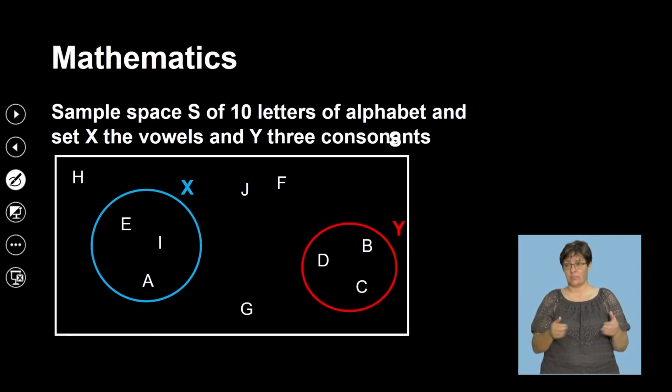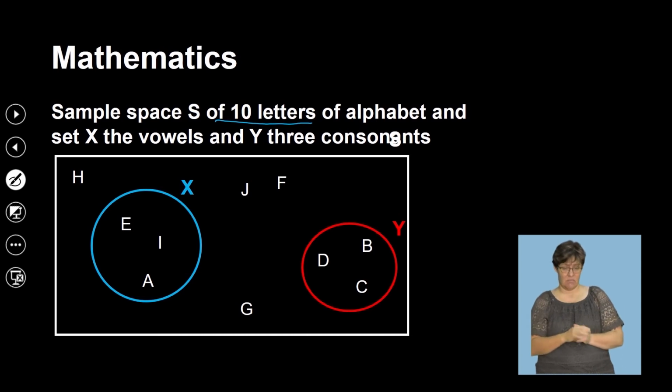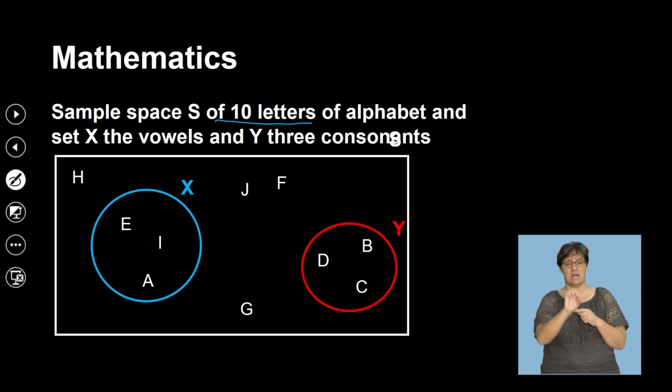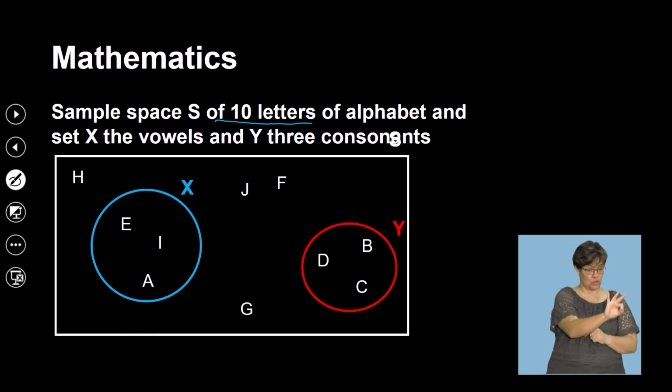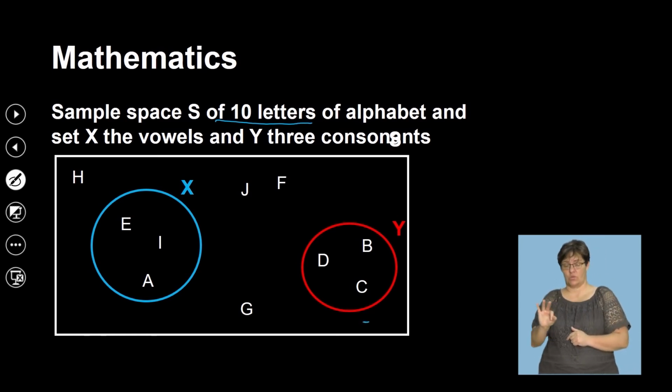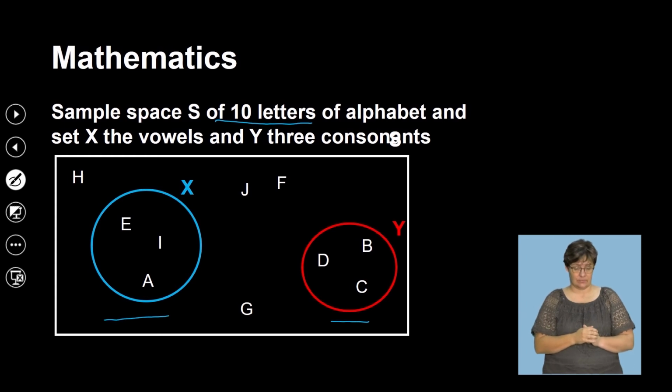So we're going back to our example of our 10 letters. And remember, that's the first 10 letters of the alphabet. And we recognize that is in the sample space. We recognize X has got 3 letters in it, and Y has got 3 letters in it. There is no common element.